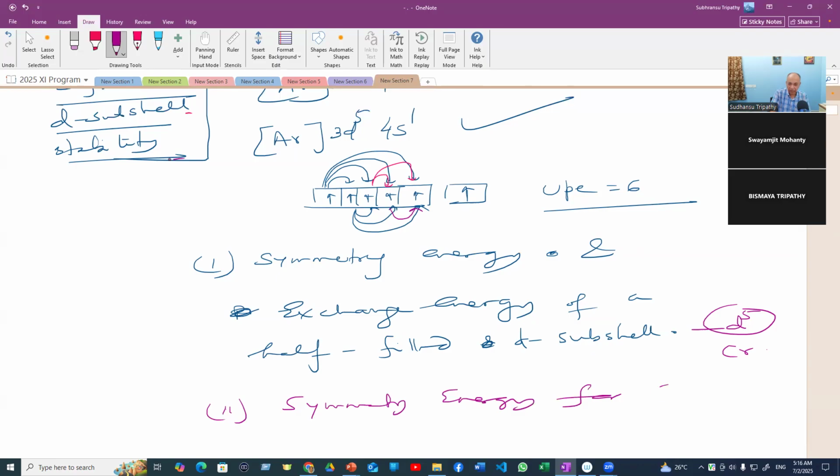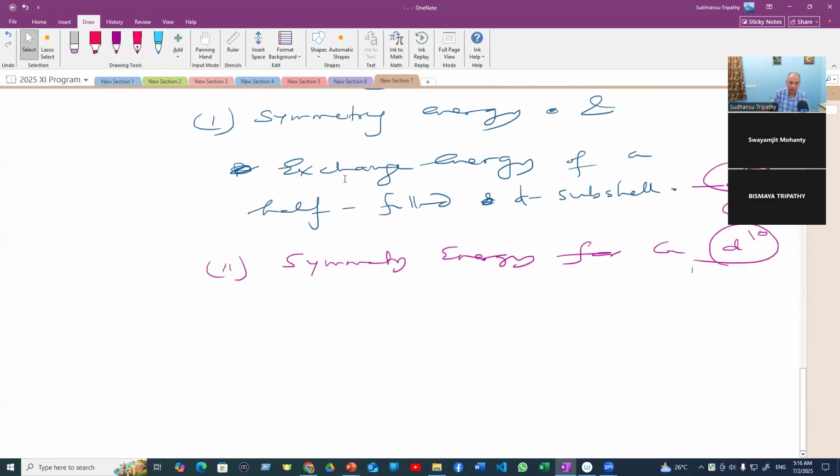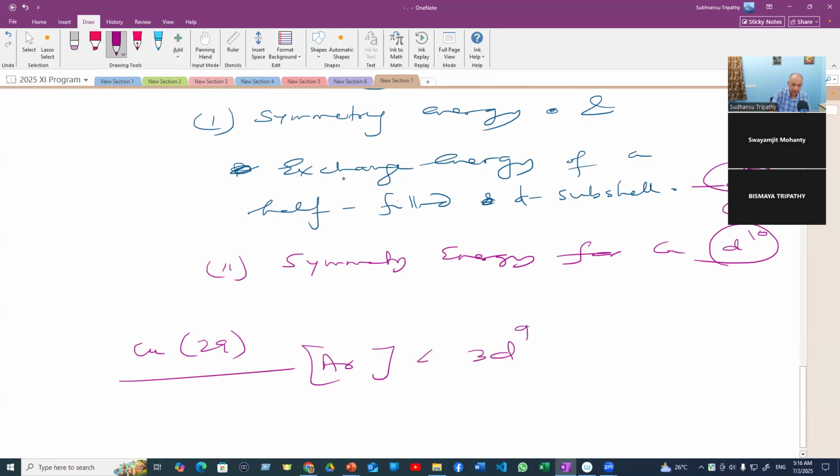for copper, d10. I'll just ask you to write copper, which is 29, argon configuration, 3d. It should have been 3d9 4s2, but it is one sort of becoming fulfilled.